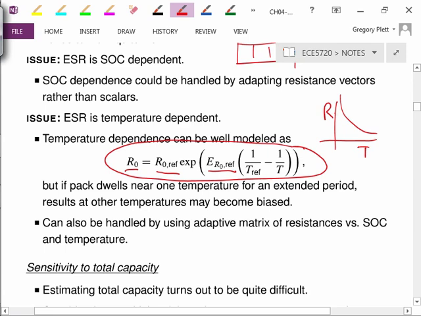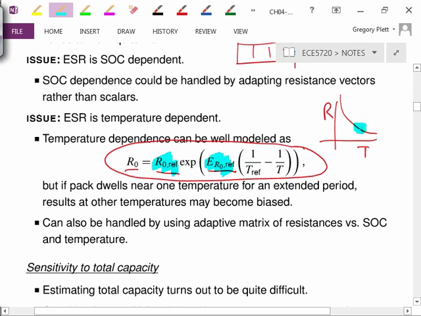If we are adapting parameters versus time to try to change the reference resistance and activation energy, and if we dwell at all temperatures more or less the same amount of time, that can work.